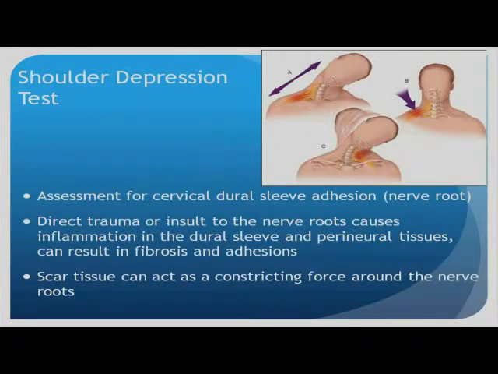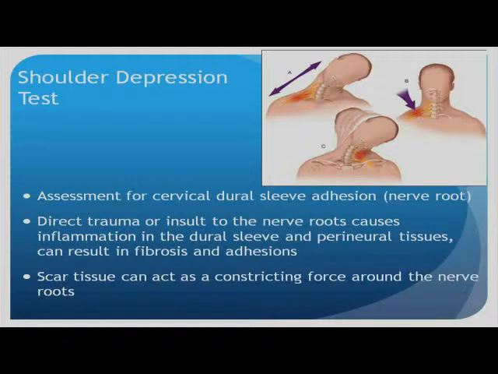The shoulder depression test can also be quite helpful, essentially testing for anything if there's traction on the nerve root, adhesions within the dura or scar tissue in the area or anything like that that may have created some inflammation in the dural sleeve and perineural tissues.